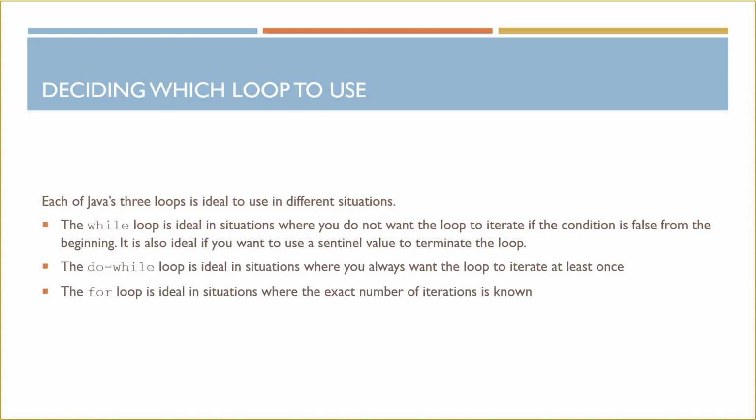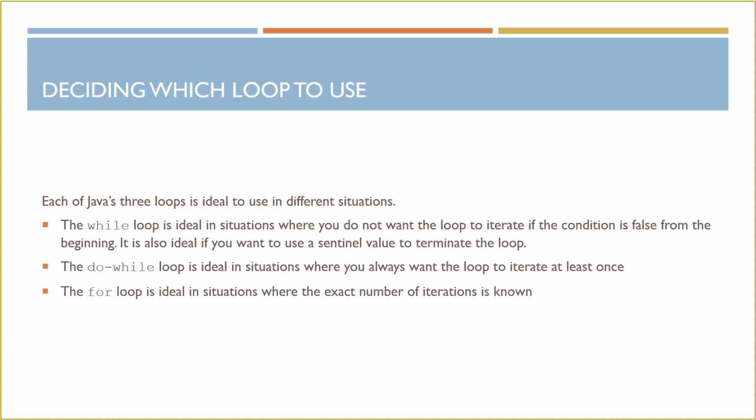The do while loop is useful for all the same reasons as the while loop, but it has the added benefit of it will always iterate at least once. If you don't want it to iterate at least once, like if your condition is wrong, don't use a do while loop. The for loop is ideal for situations when you know the exact number of iterations that you're going to make.